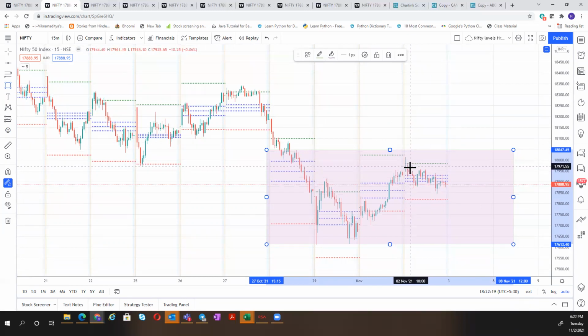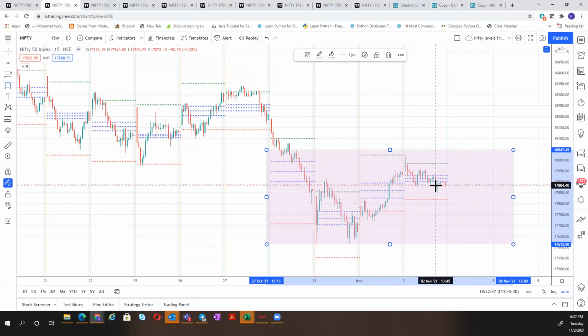If you observed today, the market failed to sustain above the previous day high after the opening candle and came down. So if tomorrow price opens above R1, which is 17,985, or if price sustains below 17,820, that is today's range high or range low, you can expect a high probability trade in either direction.